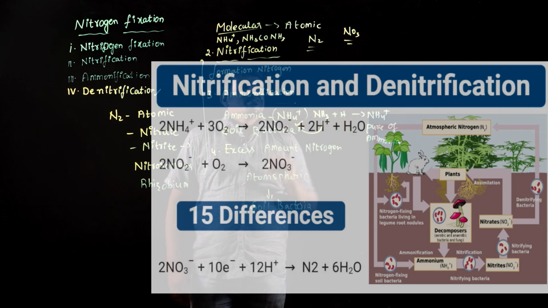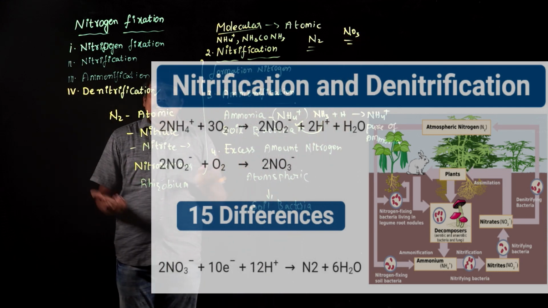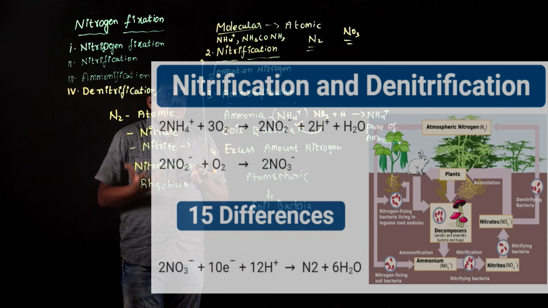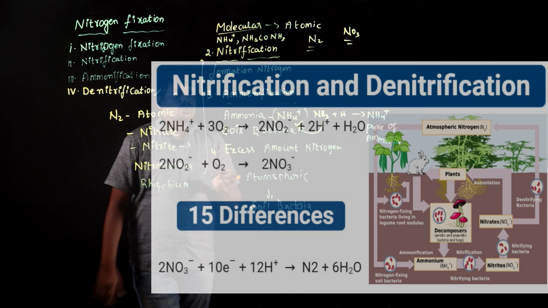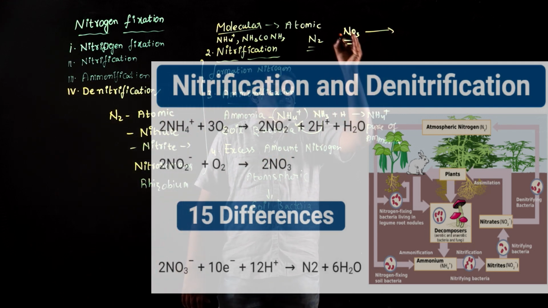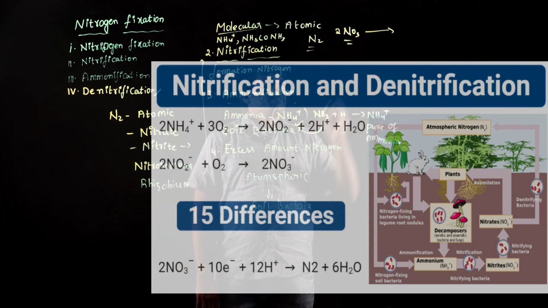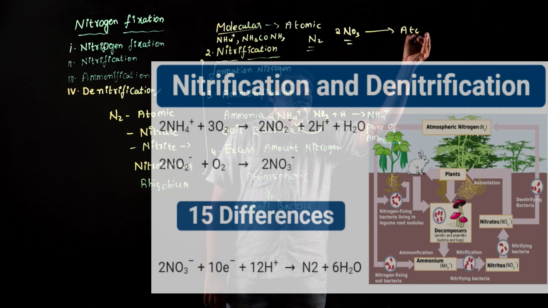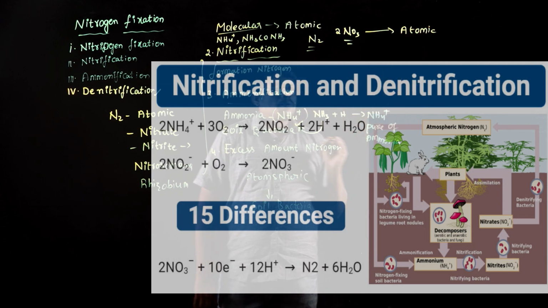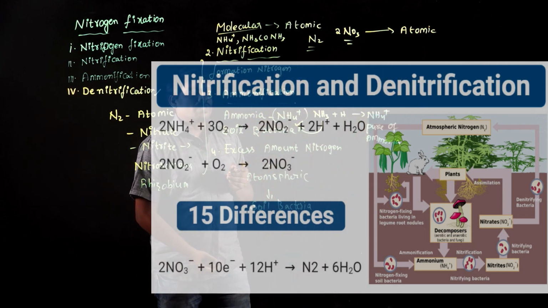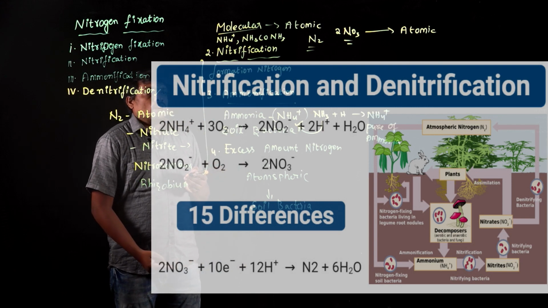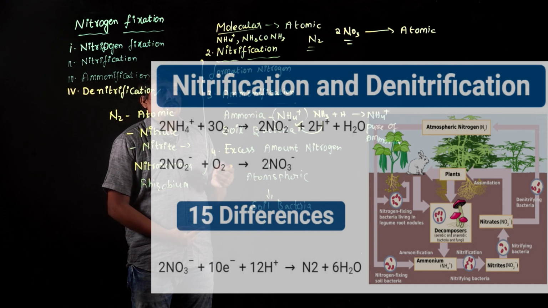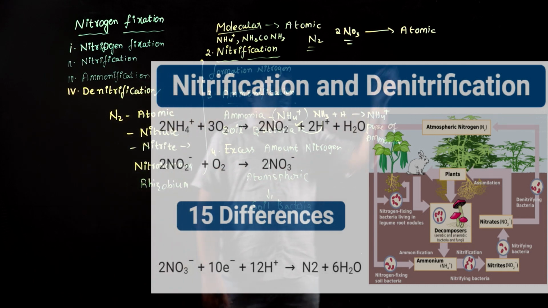And do you know, if you see NO3, what is NO3? Nitrogen trioxide, which is a pure crystalline form of nitrogen. So suppose I take two molecules of NO3, it will be converted into the atomic state of nitrogen. In the fourth and final reaction, you can see 2NO3 plus 10 electrons plus 12 H plus gives rise to N2 plus 6 H2O.